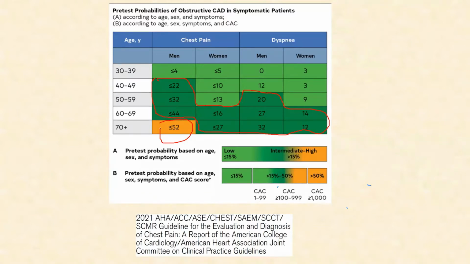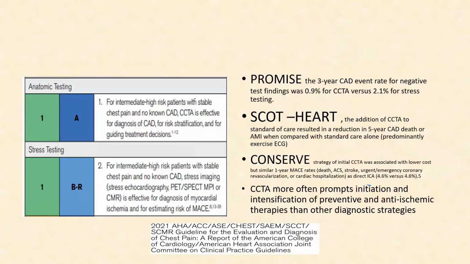You may choose to go for stress testing, imaging, and that is right. Both are right. It depends on you and how you evaluate the patient. But we all agree that the intermediate risk group, which is here, should go for non-invasive testing.